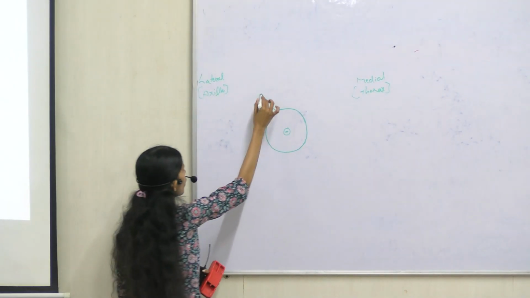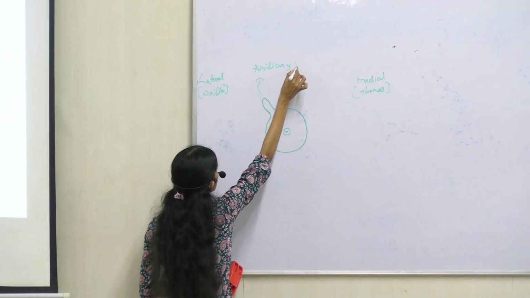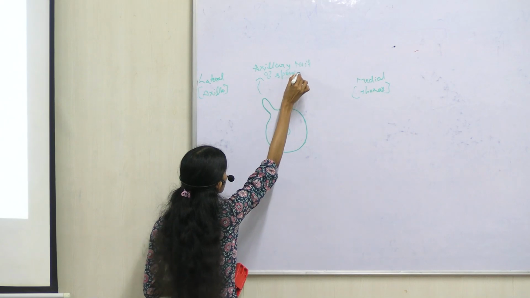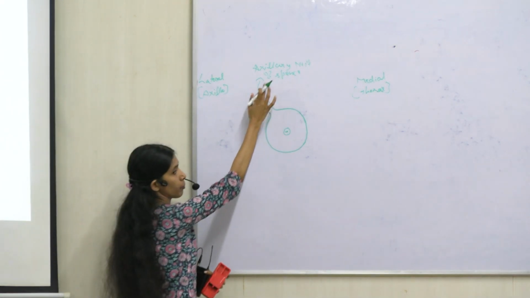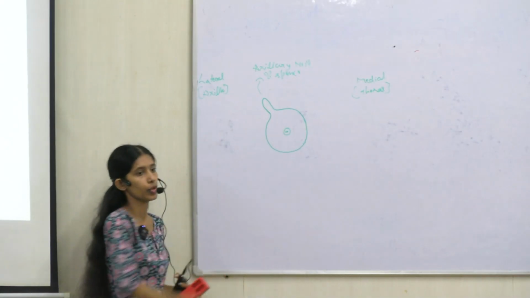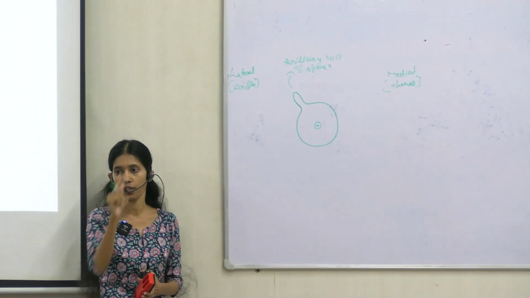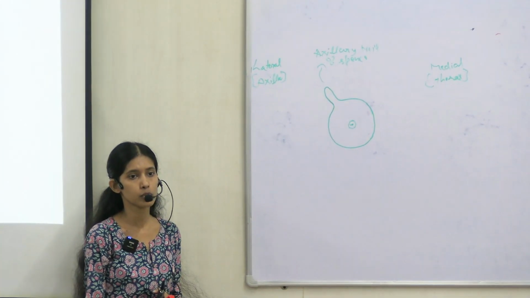This structure is called the axillary tail of Spence. Okay, it is a part of mammary gland which extends up to your axilla region in a tail shape. So it is named as axillary tail of Spence.